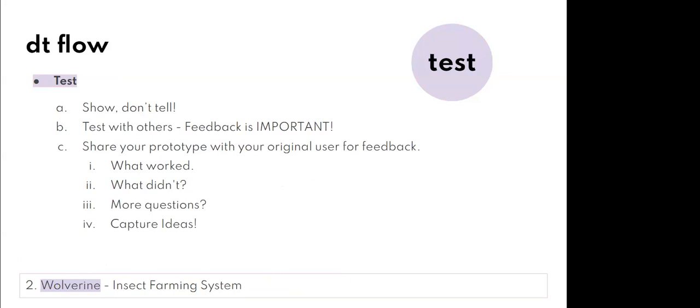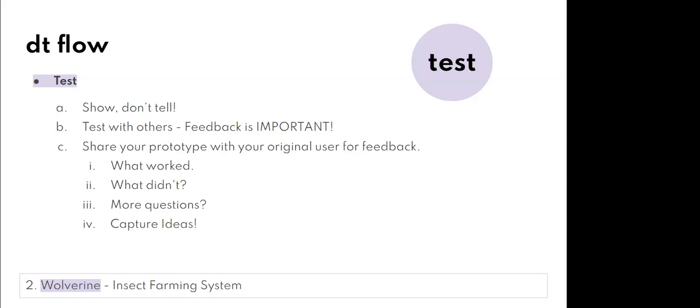But when you're testing, you're not trying to justify what you've just created. That's not the point. The point is for whoever is being used as a tester to give feedback. That is the most important thing. You're just there to present your prototype and for them to give you the feedback that you will then use.